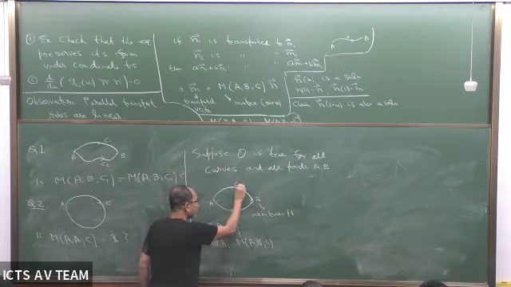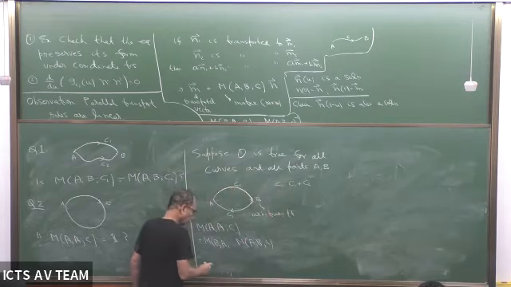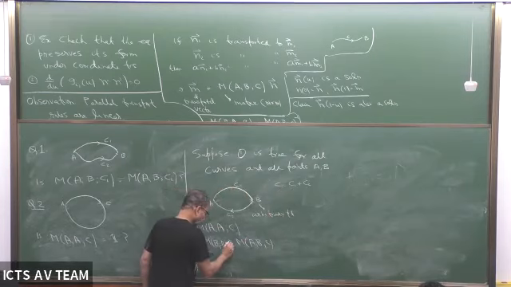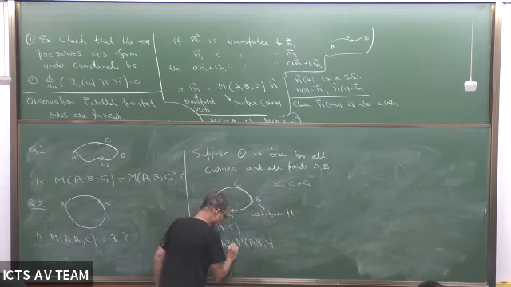Let's call this C1 and C2. So C is C1 and C2. C is basically C1 plus C2. Sorry, this is ABC1 and this is C2.